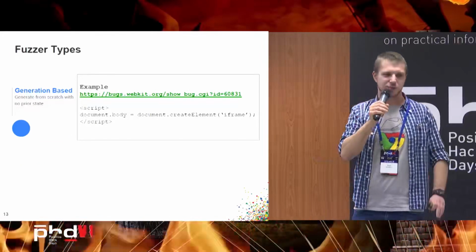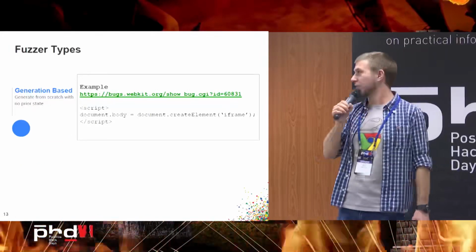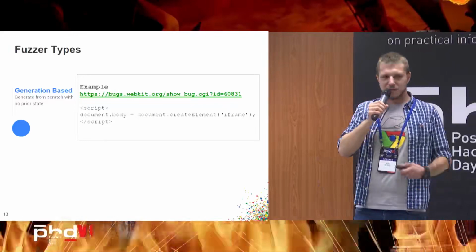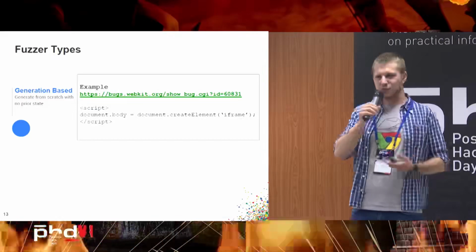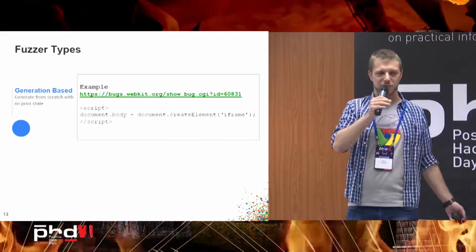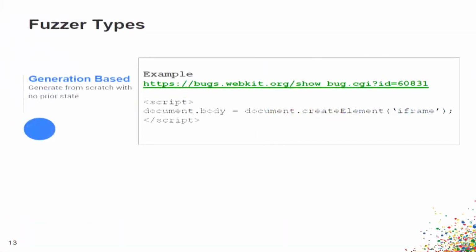So fuzzers can be broken down into 3 types. The first one is generation-based fuzzers. So they simply generate pretty much a random input. Well, better fuzzers will generate inputs that are actually legible, sensible.